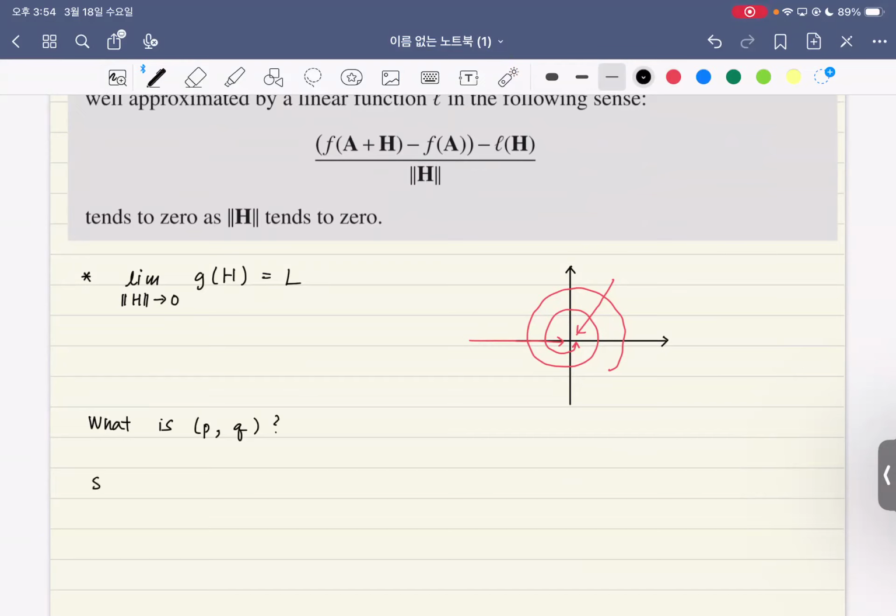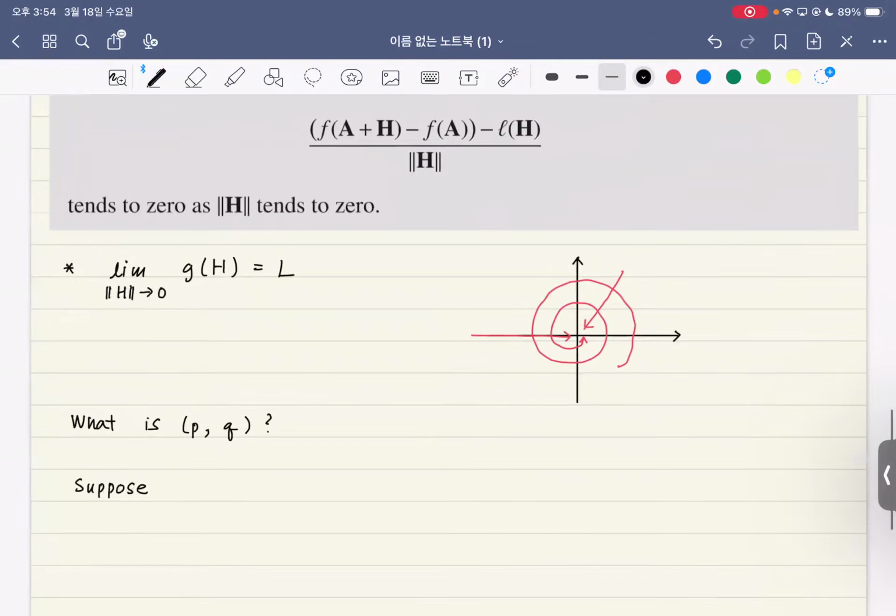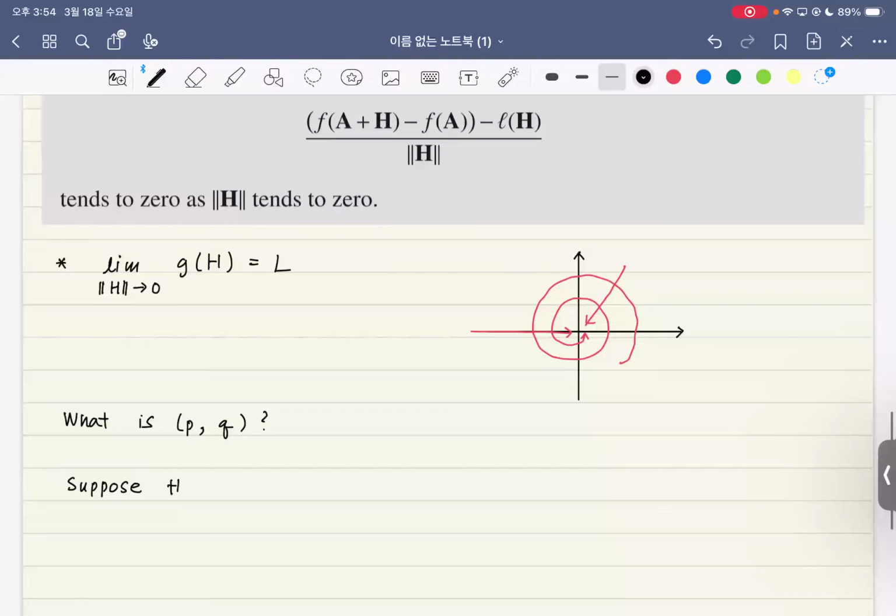All right. Let us suppose that our function f is differentiable at the point (a, b).